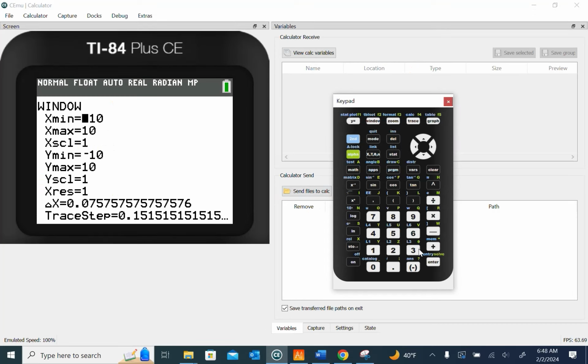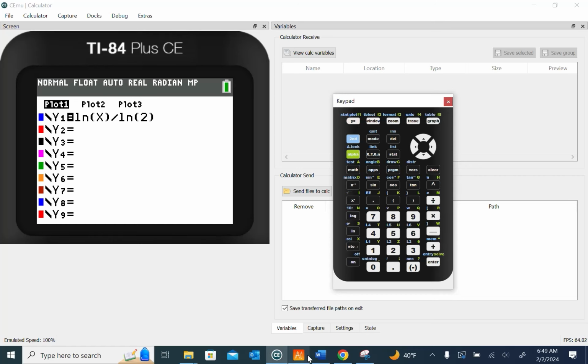I'm going to set my X-min to be negative pi over 2, and I hope you're paying attention to this. This could be the difference between you getting that scholarship you want and you not getting a scholarship. And I'm going to set my Y-min to be negative 3 and my Y-max to be 3. The reason I do that is because a zoom 10 or zoom 6, your standard zoom, just doesn't make much sense on a trig function.